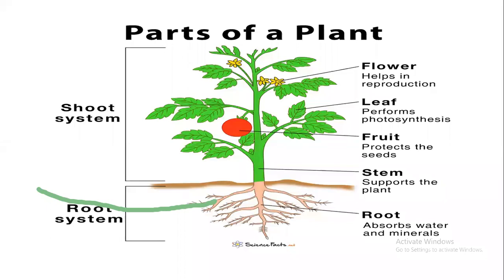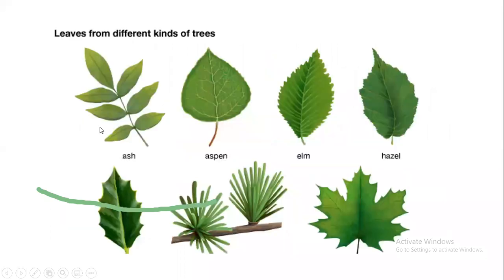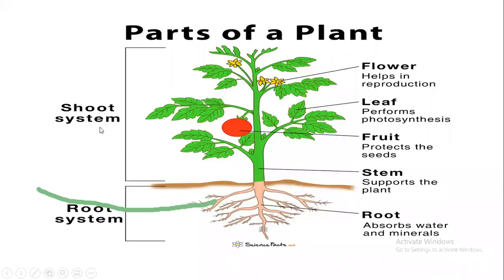Here you can see the diagram of parts of a plant. In this picture, you can see two divisions in the parts of plants: shoot system and root system.